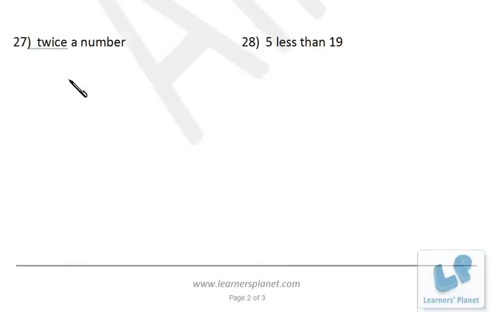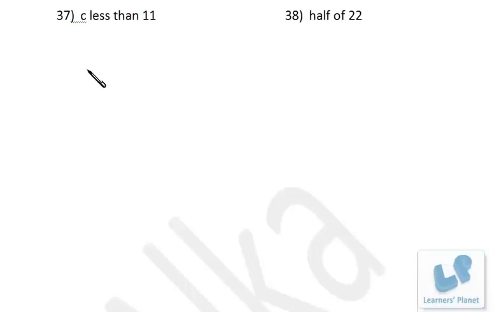Now twice a number, that is twice a number means x, so 2 times x. Twice a number or 2 times a number or 2 multiplied by a number, same thing, so 2x. 5 less than 19, so 19, 5 less. Similarly, c less than 11.